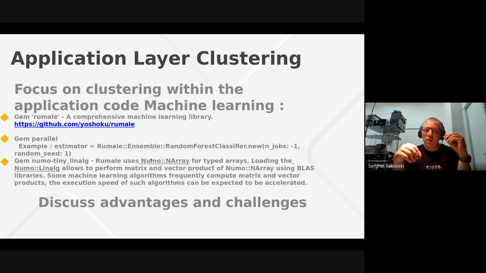But it's one small thing. It's only for Rumale, and it's only for artificial intelligence systems, because it's a specific interconnection of these two gems. So you cannot use parallel without Rumale. It's directly implemented for machine learning, and that's all.